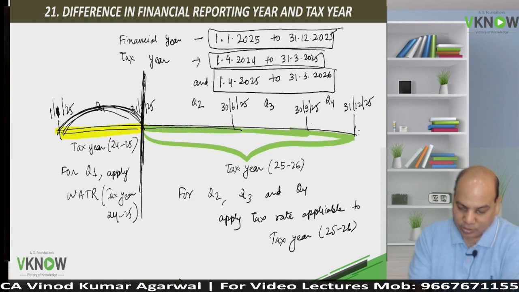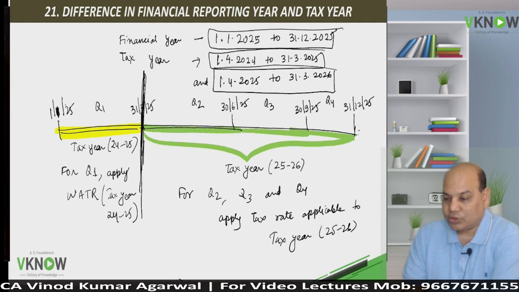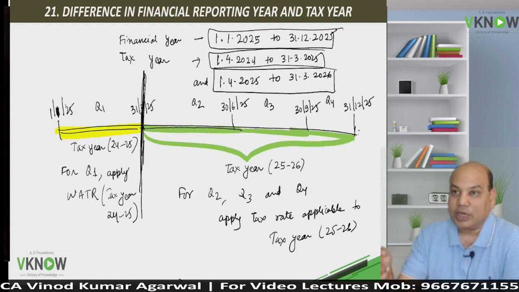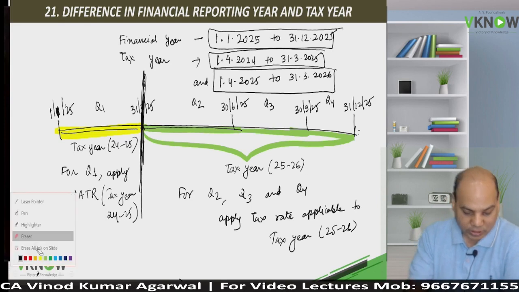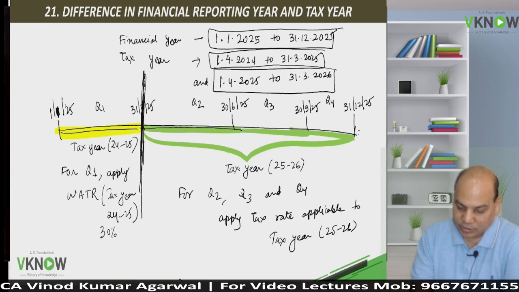Interested in scoring merit marks. So the note says when an entity's accounting year is not the same as the tax year, as in this example on the screen, more than one tax rate might apply during the accounting year. For example, here we may have 30% in the first tax year, and here we may have 25% in the second tax year.